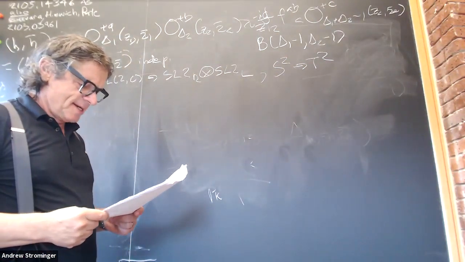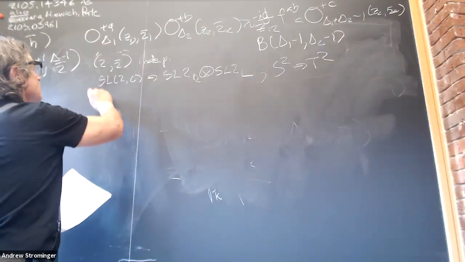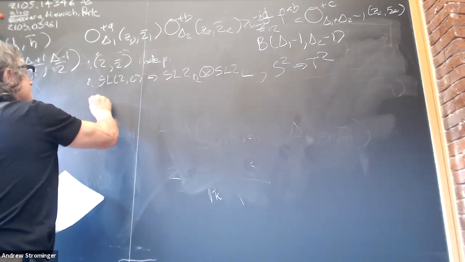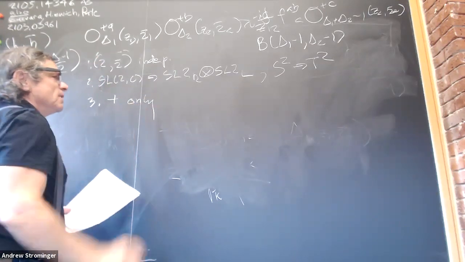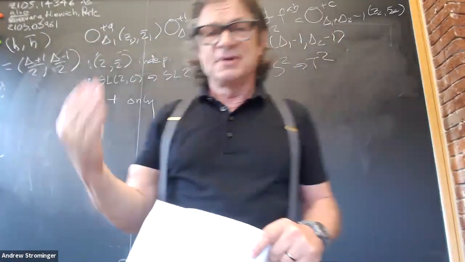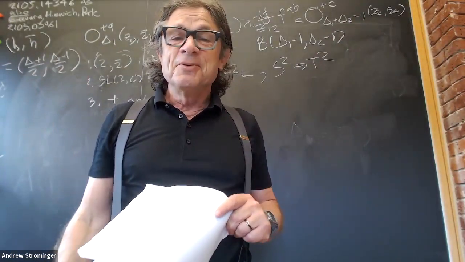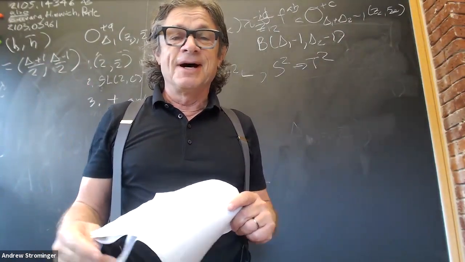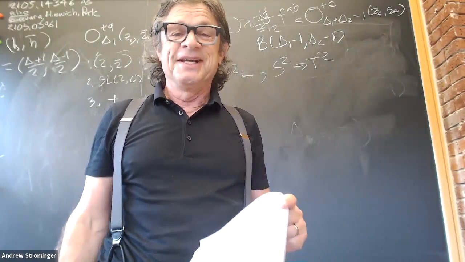Okay, and finally, I'm only going to consider positive helicity gluons, not because negative helicity gluons aren't interesting, but just because it becomes a more complex structure and we don't understand it.